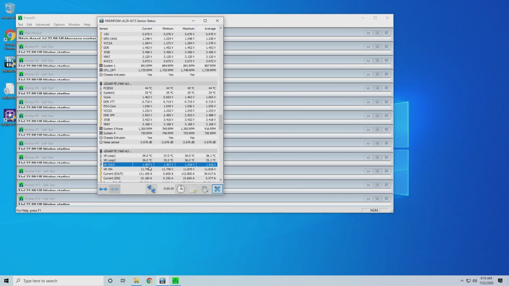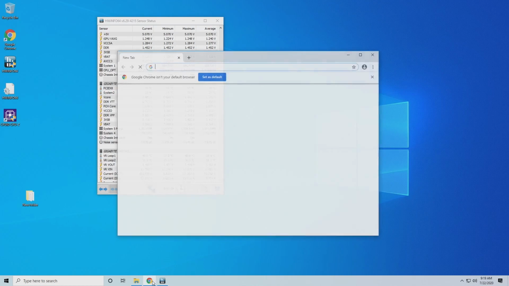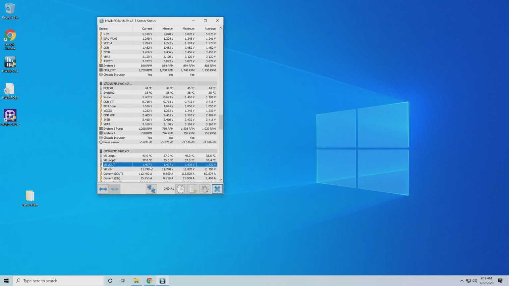Since this PC is going to be going to someone else, I won't go any higher than that with voltage. Some people tend to get a little nervous once we go above 1.4 or 1.45. If it was my personal PC, I'd probably go a little bit higher.